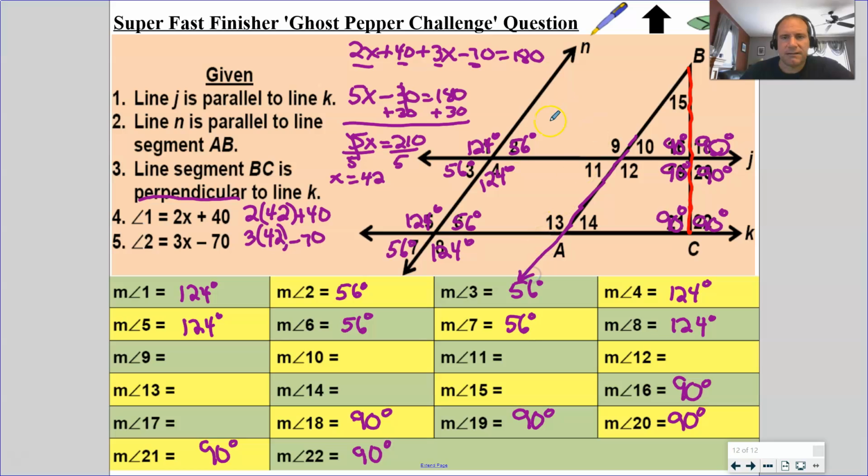If I extend it and tilt your head this way, you see that there are parallel lines here. And inside the parallel lines, right across from each other, are alternate interior angles. So 4 and 9 are alternate interior angles. So 9 has to be 124 as well.